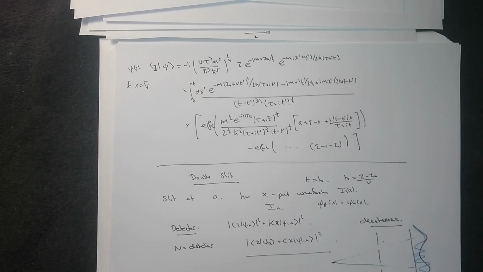So we can plot this as an intensity diagram, and this is the sort of thing you would see if you were to actually perform the experiment. The top diagram on the screen is the result if a detector is placed at one of the holes. The lower diagram shows what happens if there is no detector.